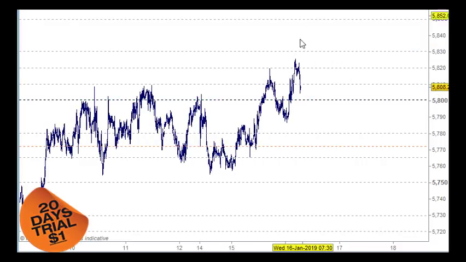So what we would need here, let's just say that we have some sort of V-shaped day here and we go higher here. What we're looking for on the next trade up to the upside is we want this 5.830 here as support. So we would still need to see the first high above the level here to get another long position.